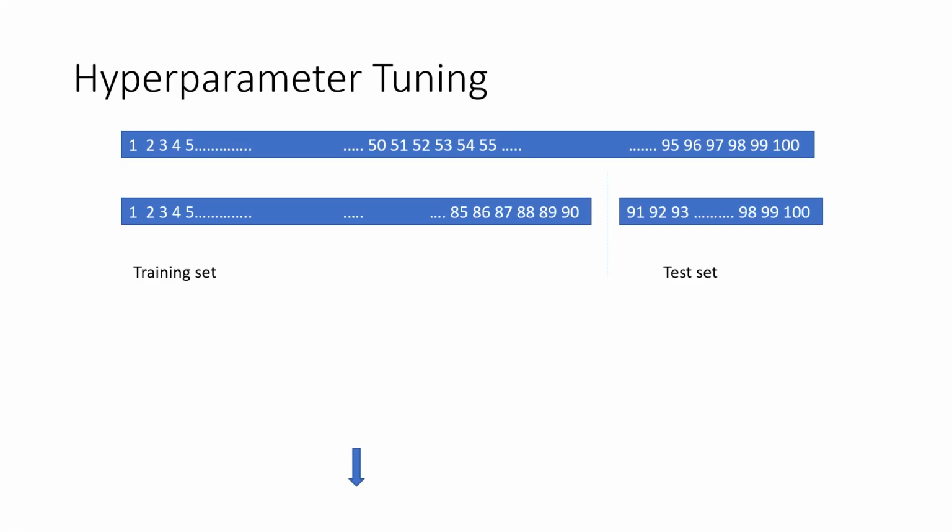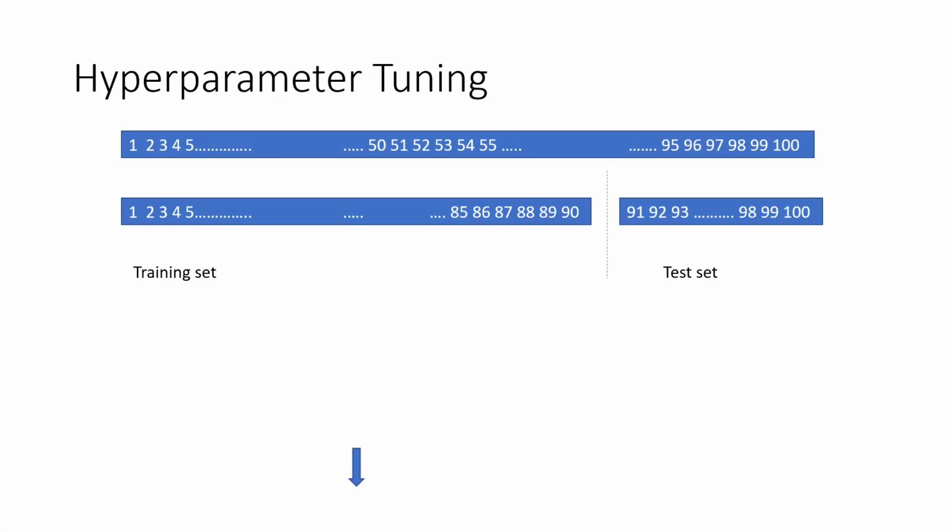Similarly, in random forest, you may have the depth of the trees, how many nodes you want to consider, the number of splits, things like that. In neural networks, there are so many hyperparameters: the number of layers, activation functions, optimizers, and so on. So every classifier has its own parameters.